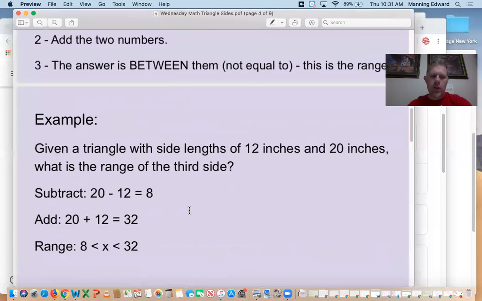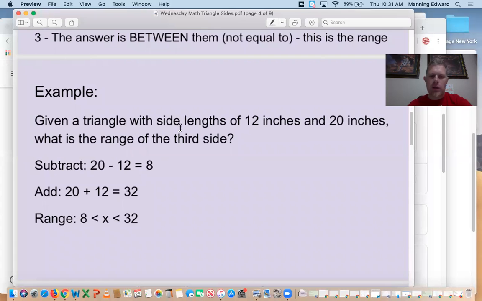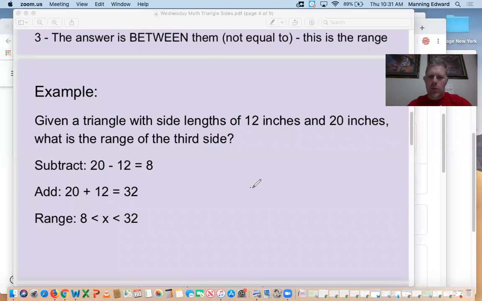Given a triangle with side lengths of 12 and 20, what is the range of the third side? Say this is 12, and this is 20. What could this side be?